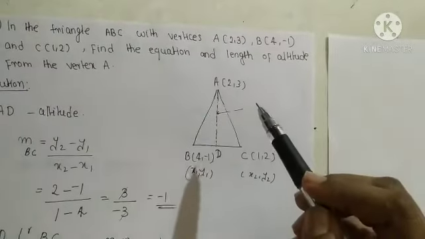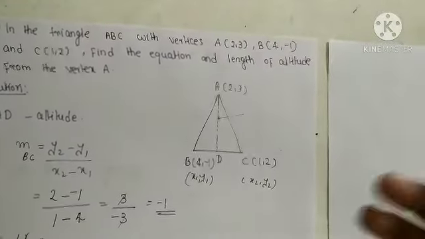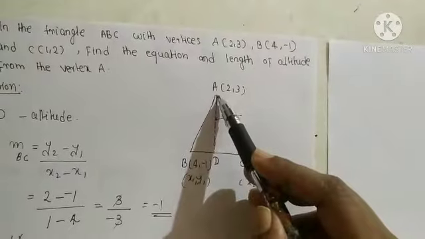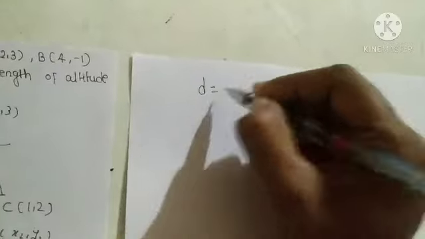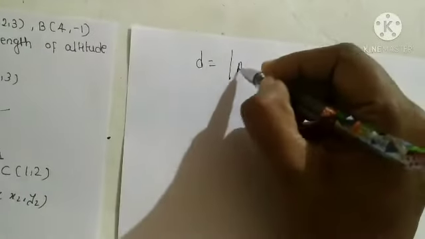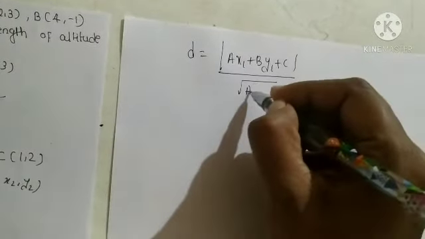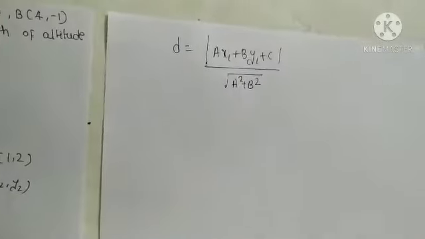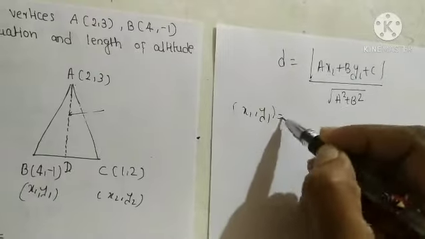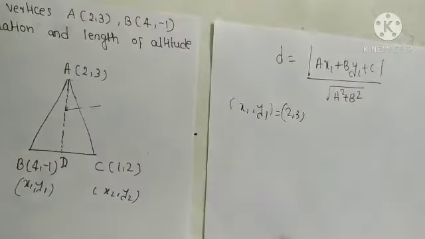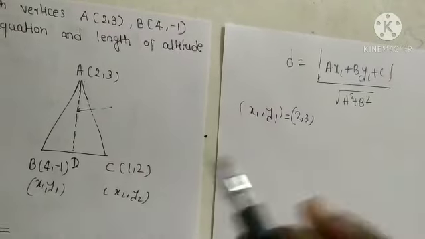We know that the distance between a point (x1, y1) and the line is equal to mod of (a x1 plus b y1 plus c) divided by root of (a square plus b square). Here the point (x1, y1) is (2, 3). Next we need to calculate the equation of this line BC.